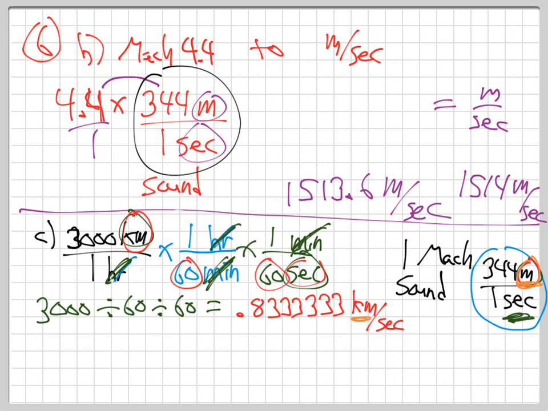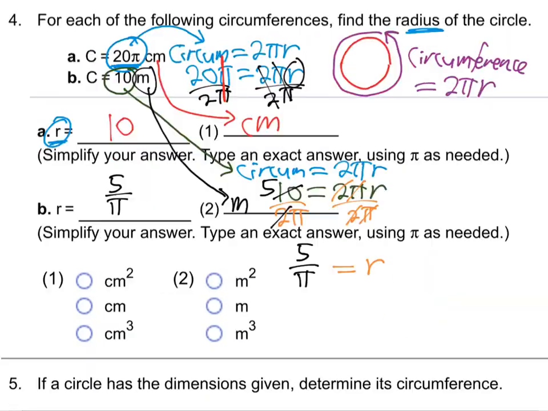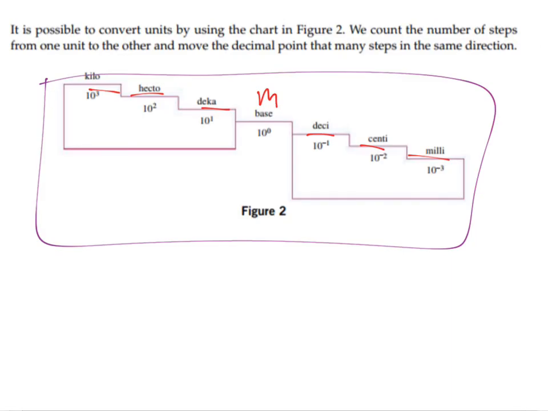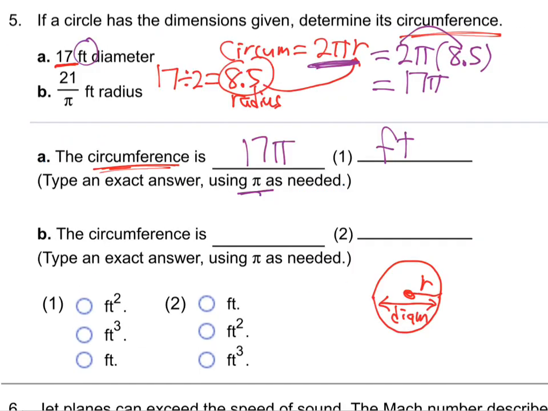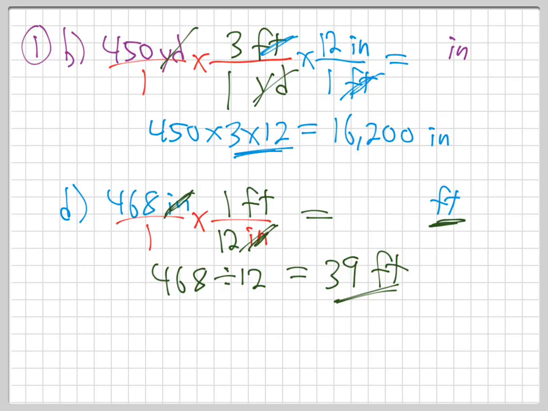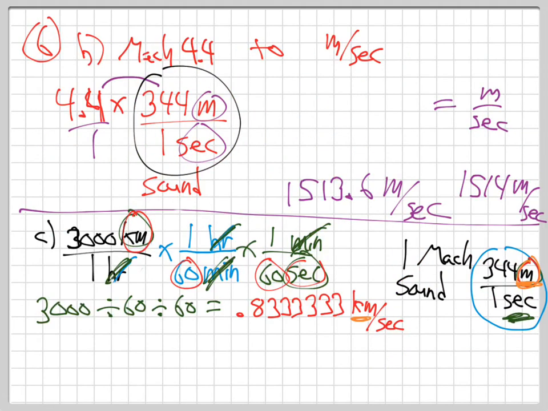Well, let's go back to our chart to change kilometers. I'll go all the way back to this thing here. To change kilometers to meters, 1, 2, 3 jumps to the right. Or you could use this chart here. Kilometers to meters, 1, 2, 3 jumps to the right. So I'm going to take this decimal and go 1, 2, 3.